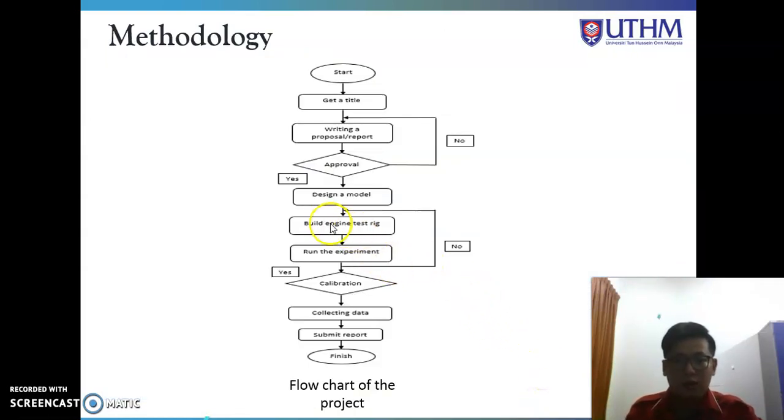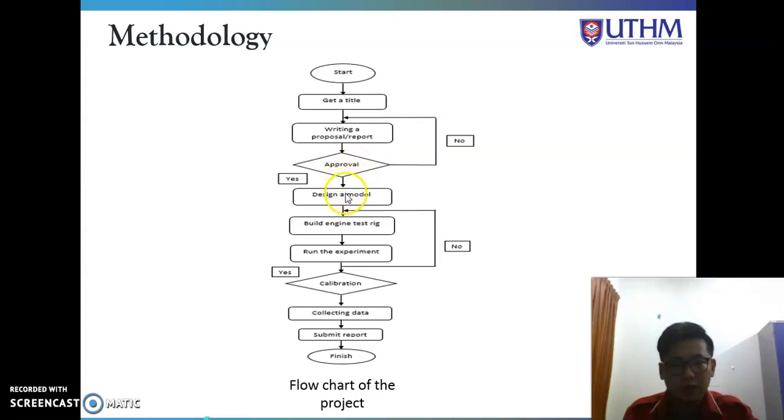Now is the methodology. The first one is to start with getting a title for the project and writing a proposal, and then get the approval from my supervisor.